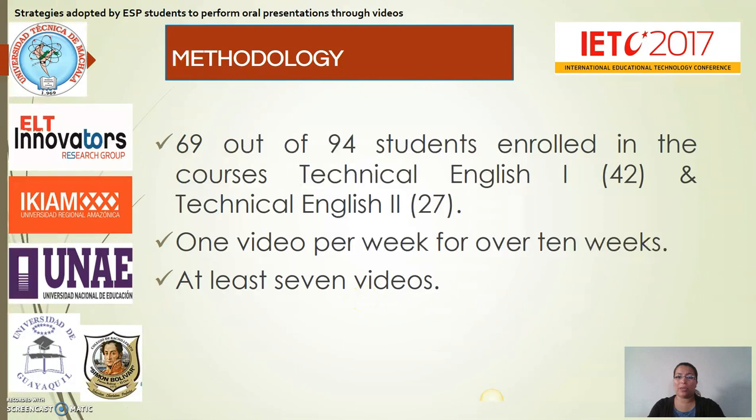They were expected to develop 10 videos, but not all of them did it. So we chose those students who had developed at least 7 videos in all the process of video making.